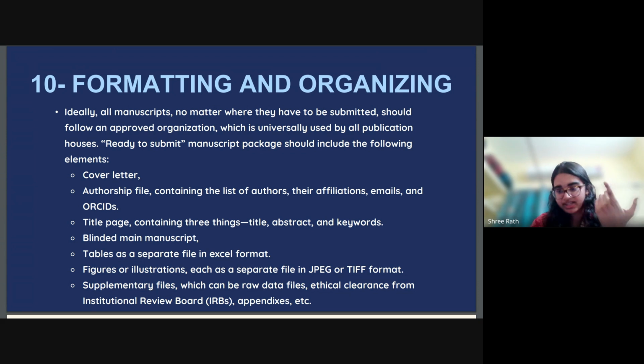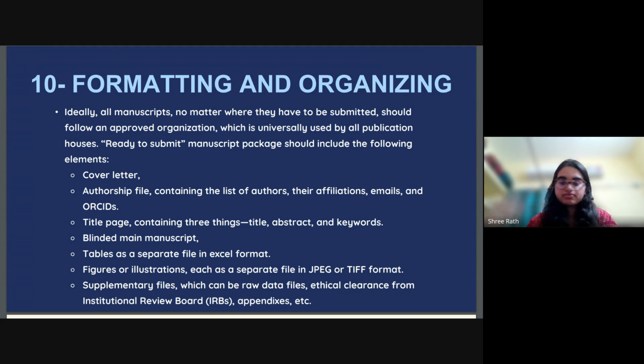In general, it should have the cover letter, the authorship file, basically the authors, their affiliation, and the ORCID. ORCID is basically a repository of all the authors. So you register there, just put in your details there. Later when you publish your articles, if you put your ORCID, they can directly associate you to that person. There may be a number of people known by your name. ORCID can help you compile all your research work in one place.